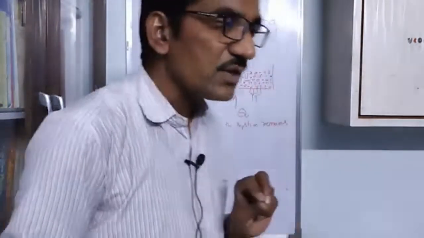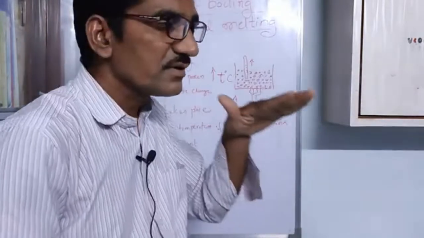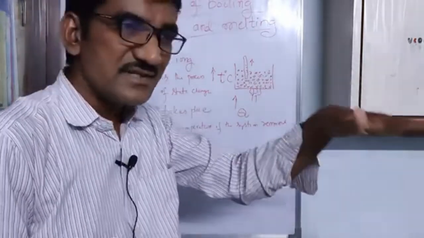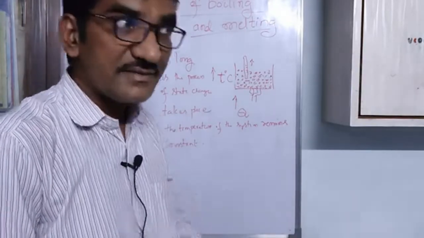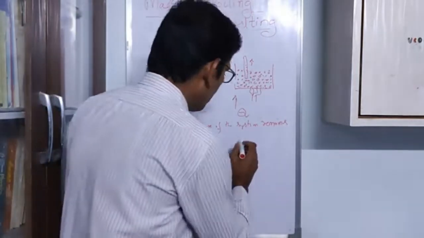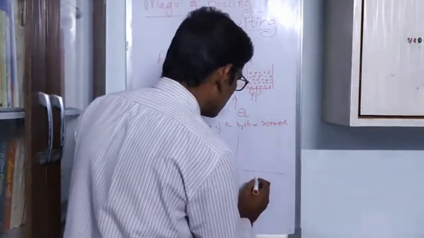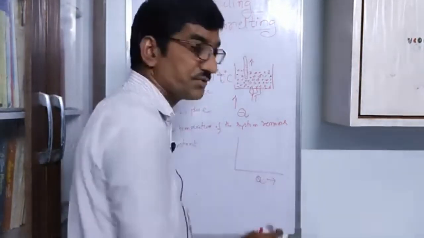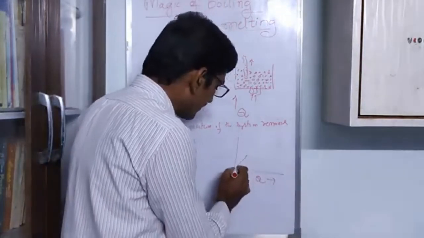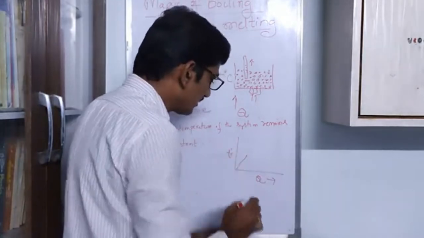You can only see the rise in the temperature until the phase change or the state change process starts. Suppose that this is Q, you are increasing this Q, you are pumping the heat into the system. Initially you note the rise in the temperature here.